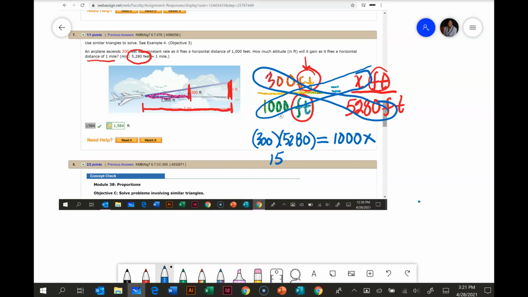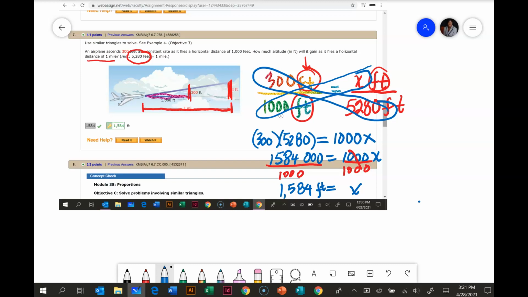All right, 1,584,000 equals 1,000x, and we're solving for x, of course, so we're going to divide by 1,000. That cancels. x equals 1,584 feet. Always use the unit.